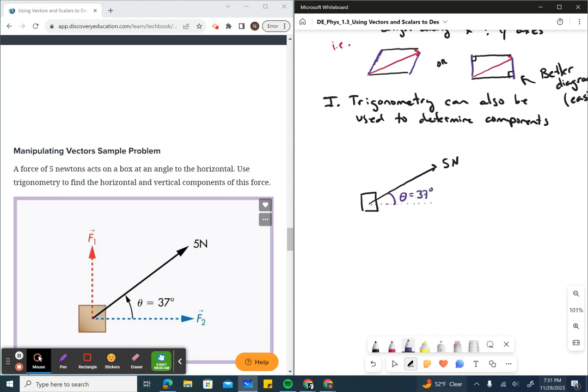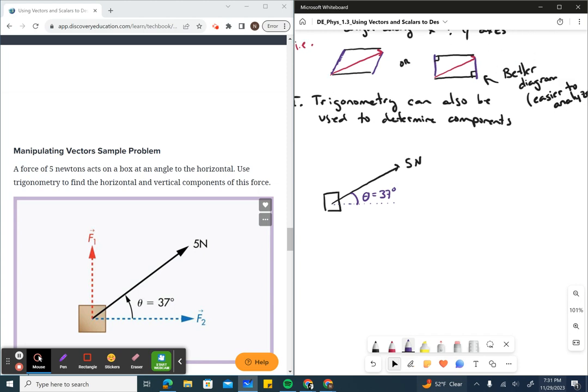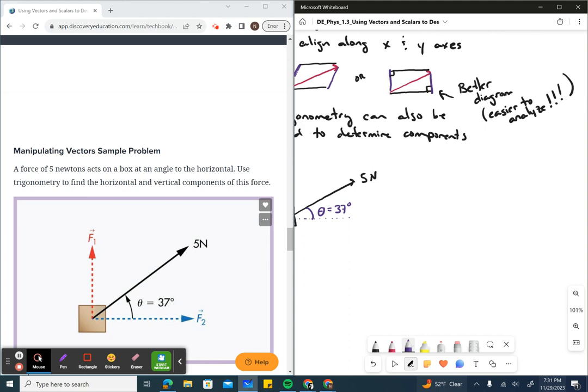So you're going to get into some rules here that I guess we should talk about. You have sine of theta, which is going to be your opposite side over your hypotenuse.